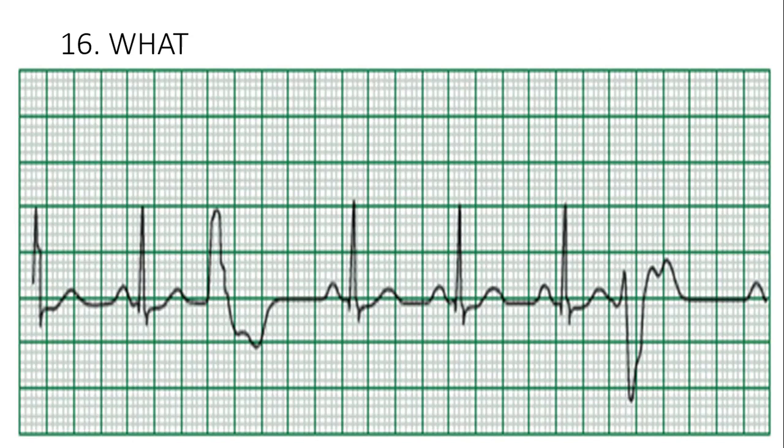PVCs are premature ventricular complexes, but are they unifocal or multifocal? Multifocal, because we have two deflections here: a positive deflection with the first one and then a negative deflection. I don't know if we really need to know multifocal versus unifocal. We just thought it was cool.